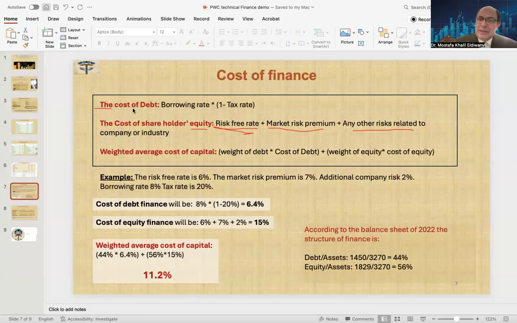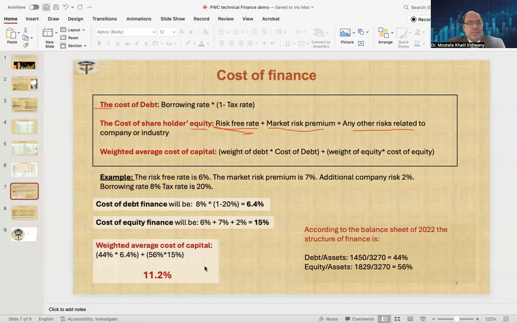But when you expect that the coming years might have a lot of financial and economic difficulties, it is better to increase the percentage of finance from equity. All right, as shareholders will not demand fixed payments like the bank, they will be more safe.